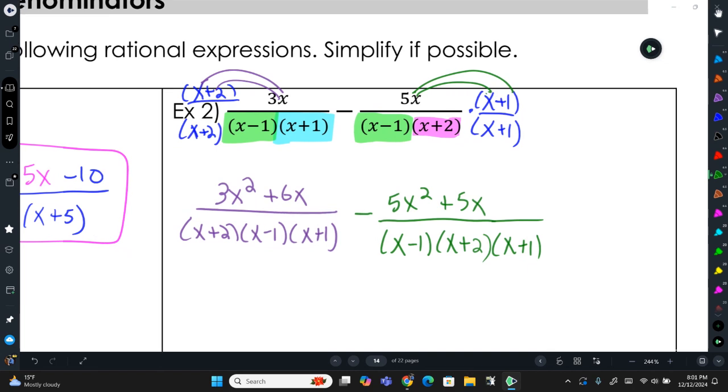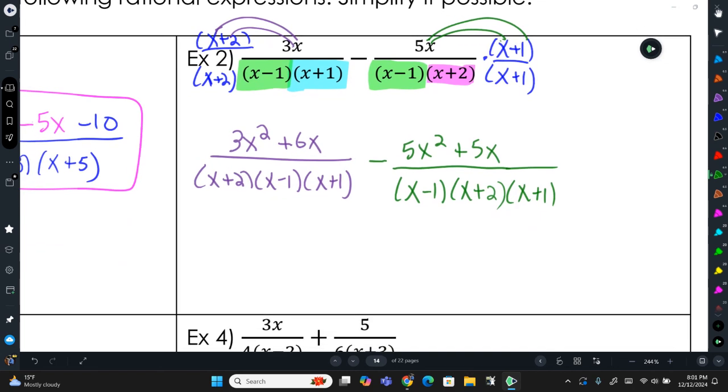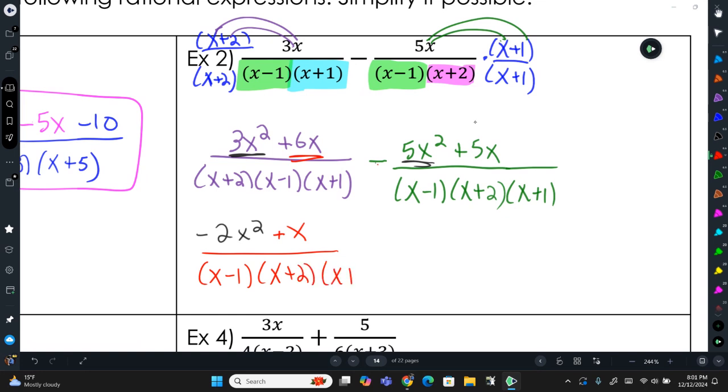Now, luckily, again, we do not need to multiply out the denominator, so I'm going to keep it just like that. All right, so we have 3x squared minus 5x squared. That's going to be negative 2x squared. 6x minus 5x is plus x over x minus 1 times x plus 2 times x plus 1.